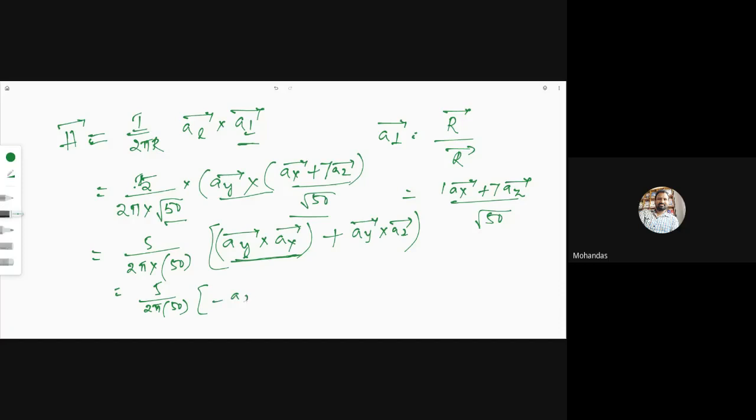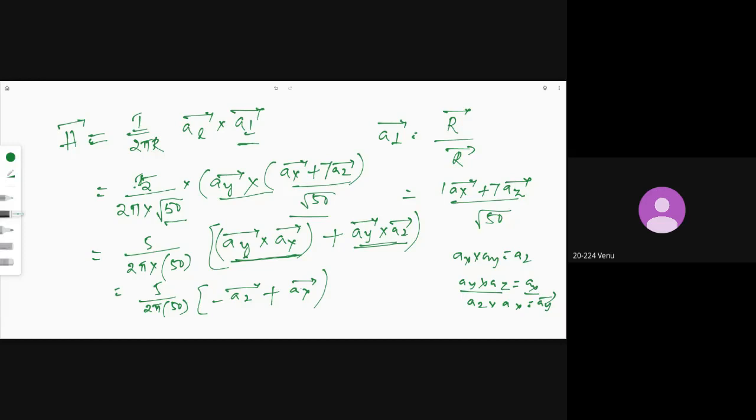Plus, what is the AY cross AZ? AX. AX cross AY equal to AZ. AY cross AZ equal to AX. Then AZ cross AX equal to AY. So this is AY cross AZ. AY cross AZ means AX only.